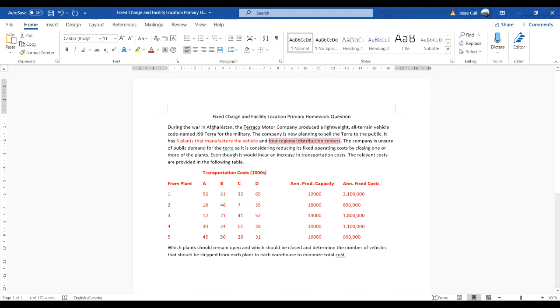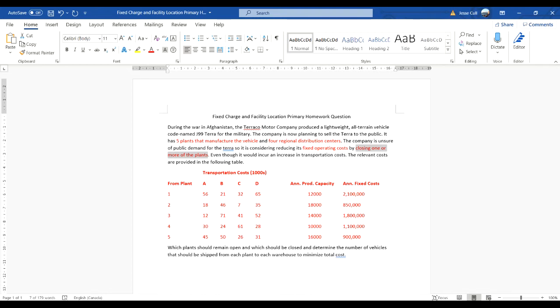The company is unsure of public demand for the Terra, so it is considering reducing its fixed operating costs by closing one or more of the plants, even though it would incur an increase in transportation costs.